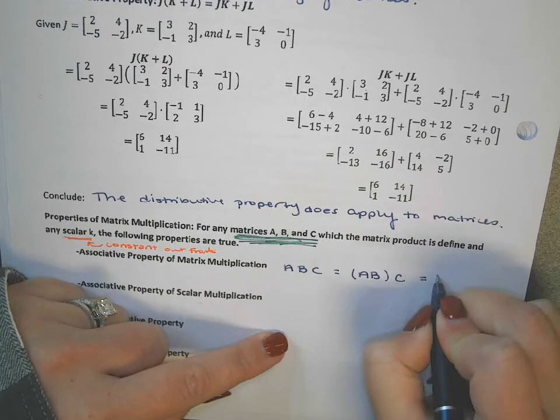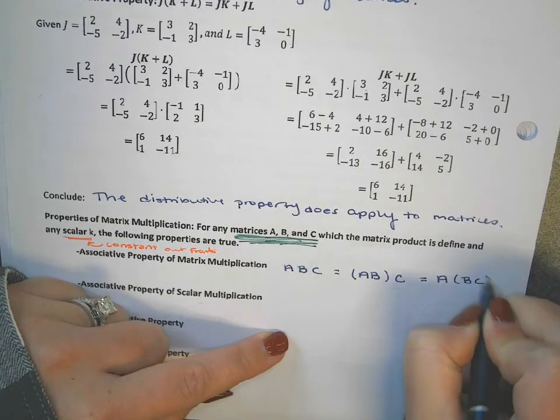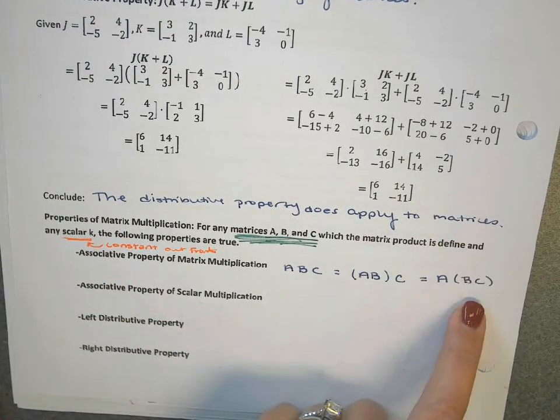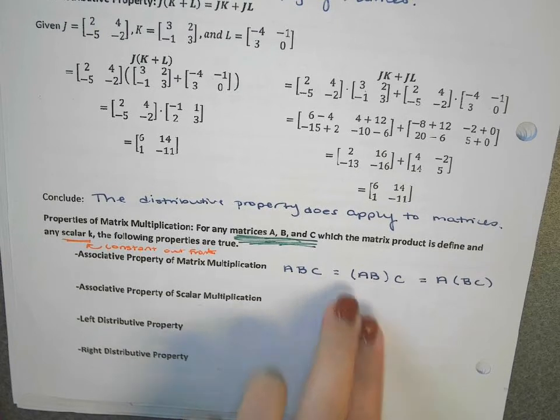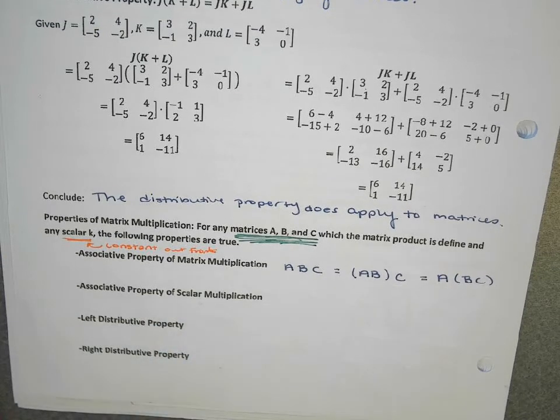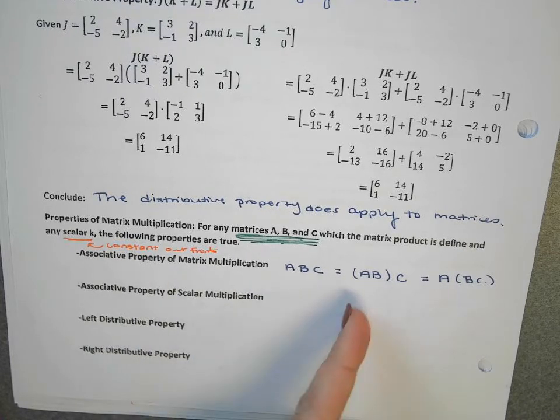Or that's the same thing as if you multiplied B times C together, had that answer, and then did A times that answer. So it doesn't matter which two you decide to multiply first. You're going to multiply two of them and then take that answer and multiply by the third one. Okay, but you're not allowed to change the order of them. So A, B, and C, notice that they're always in that same order. I did not change the order of them because the commutative property is not true. It does not work with matrices.